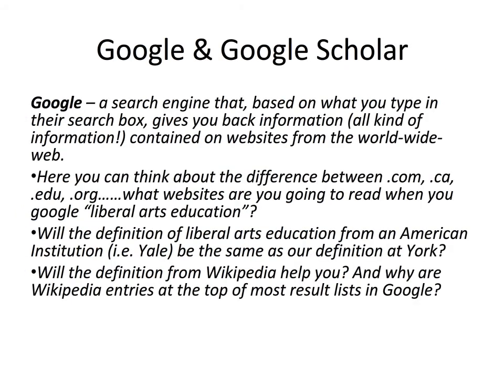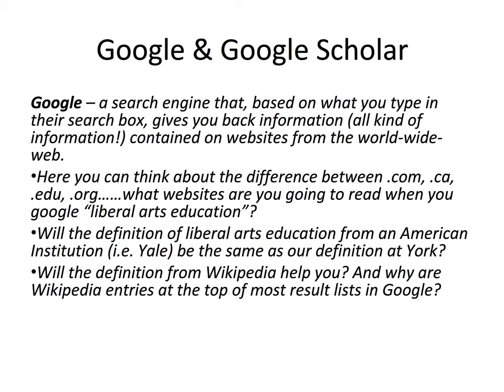And speaking of Google, do you know the difference between Google and Google Scholar? Well, Google is a search engine that, based on what you type in their search box, gives you back information contained on websites from all over the world. Here you can think about the difference between a .com or a .ca, a .edu, or a .org. What kind of websites are you going to read when you Google liberal arts education?